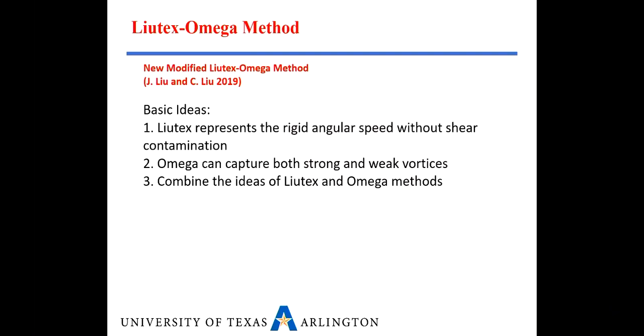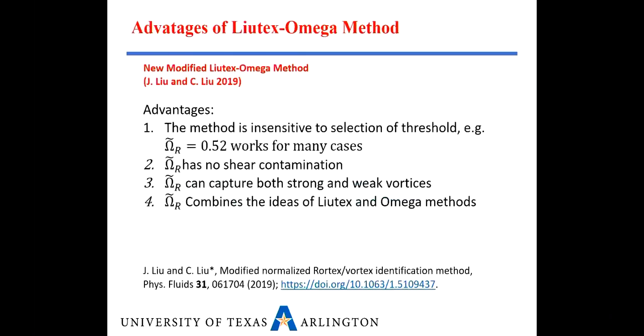They're based on Q. The advantage is that it can capture both weak and strong vortex. But they're still in the Q range. The idea is still, but relative Q, you could say. Then we talk about new text.